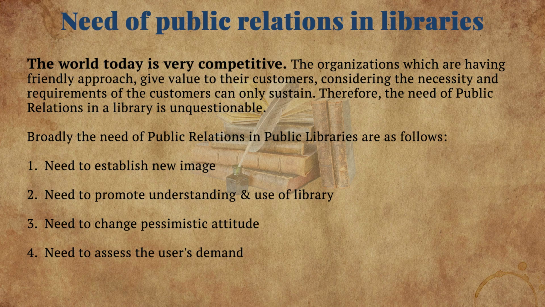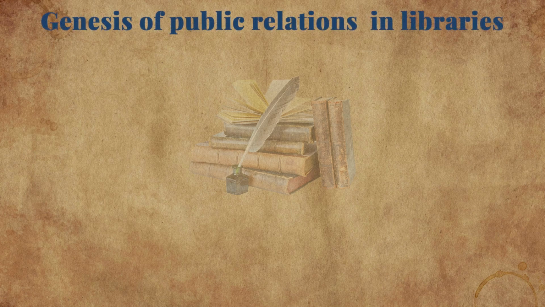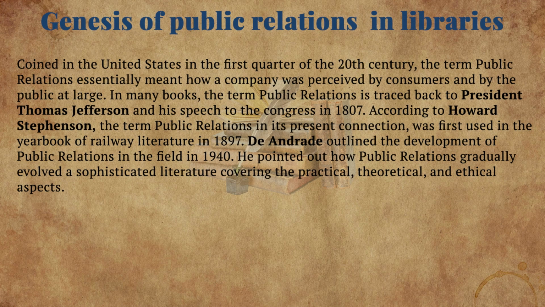Genesis of public relations in libraries: the term was coined in the United States in the first quarter of the 20th century. The term public relations essentially meant how a company was perceived by consumers and by the public at large. In many books, the term is traced back to President Thomas Jefferson and his speech to the Congress in 1807.